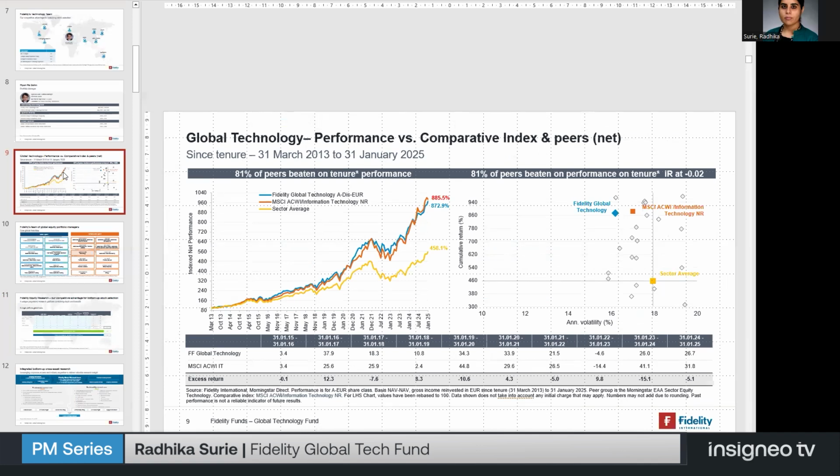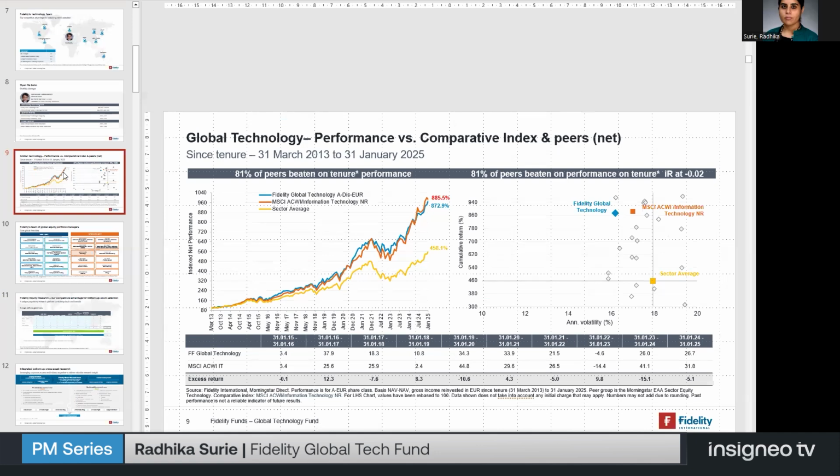When it comes to tenure performance, he's beaten 81% of peers on both a performance basis, but also on a risk-adjusted basis. For a lot of our clients, it has been a very, very great product to be associated with. It allows you to get long-term exposure to the technology sector, where bottom-up stock selection is the crucial driver, and where you stay away from story-driven volatility, because technology is about stories, and every year there's a new story.